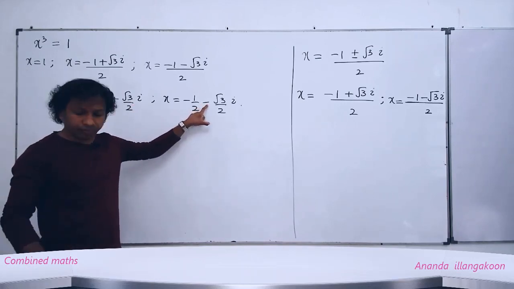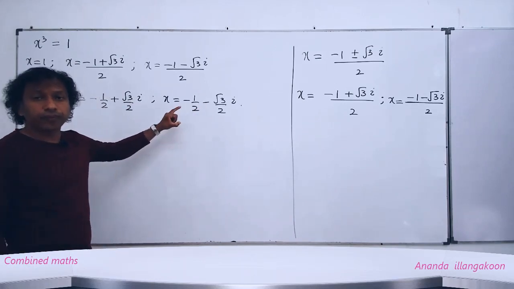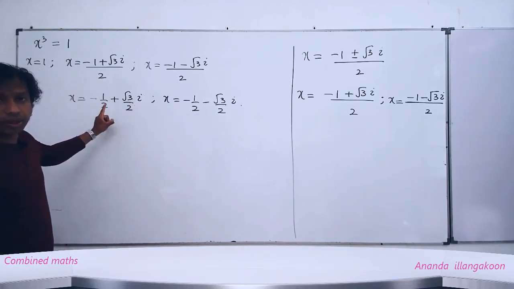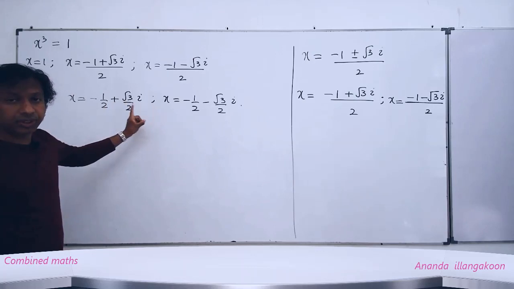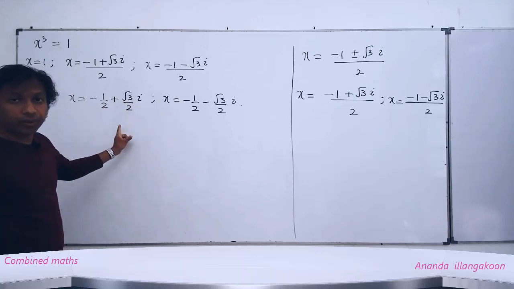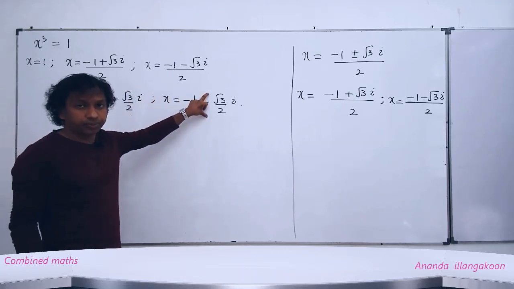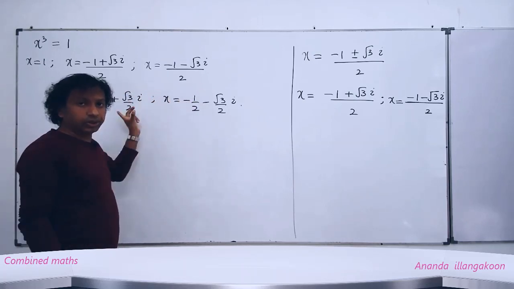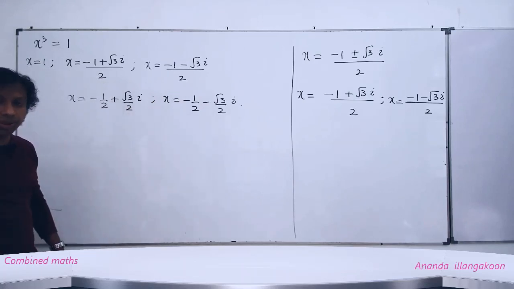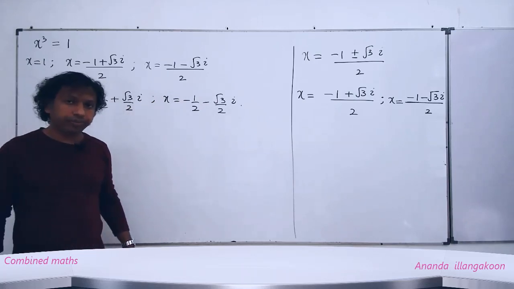Then we can see, first thing here, people, these complex answers, the imaginary answers of cube root of 1, they are mutually conjugate. Mutually conjugate means of this one, conjugate is here. This one conjugate is this. So therefore, people, this is not the important one. What is the property?